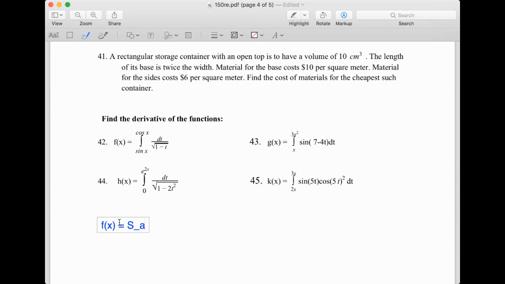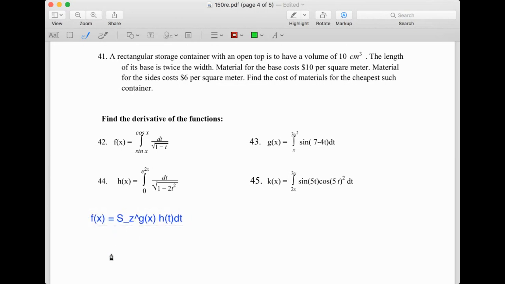The upper limit is some function, let's call it g of x. Then we have some integrand, let's call it h of t, then dt.